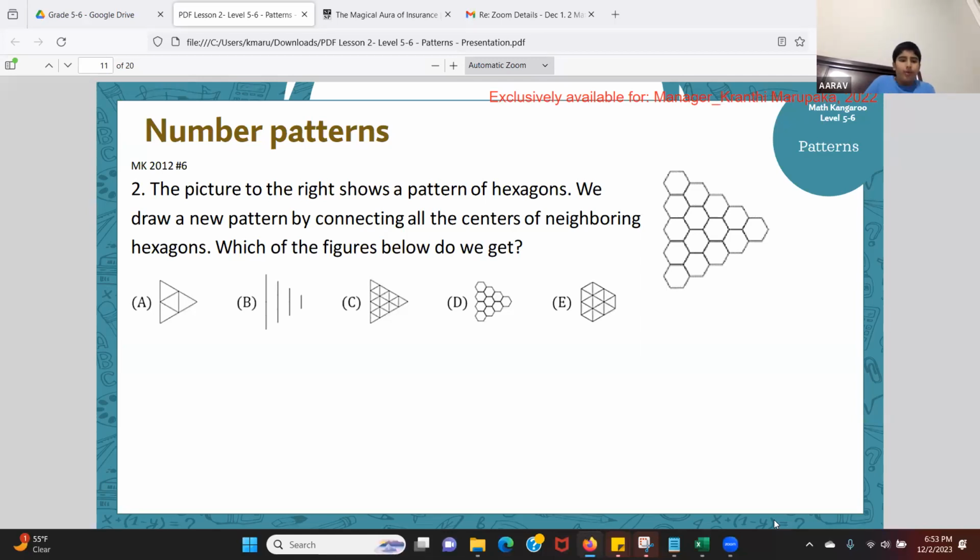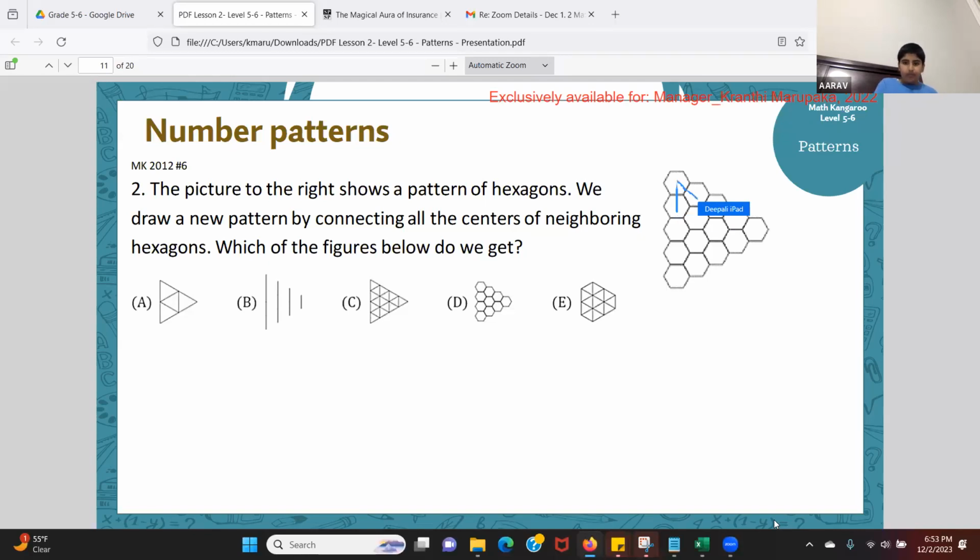Okay. So the way that I would approach this is, let me just read the question for a second. The picture on the right shows a pattern of hexagons. We draw a new pattern by connecting all the centers of the neighboring hexagons. Which of the figures below do we get? So the way I would do it is, first of all, I would recognize that 3 neighboring hexagons, if you connect their centers, would form an equilateral triangle.